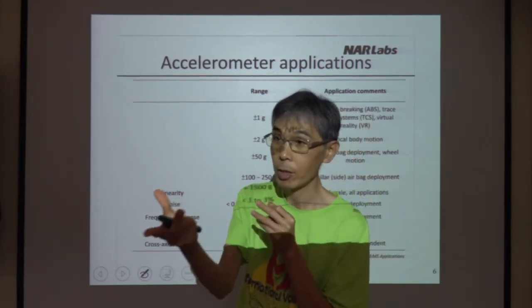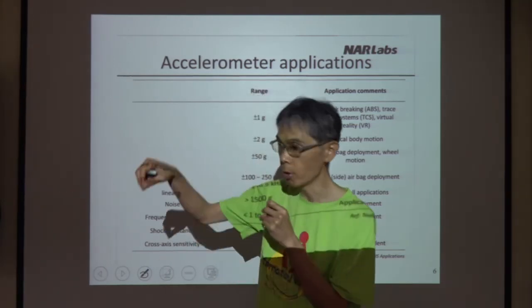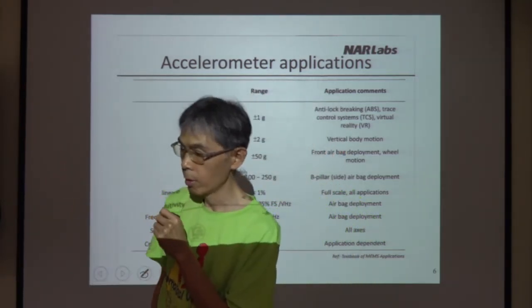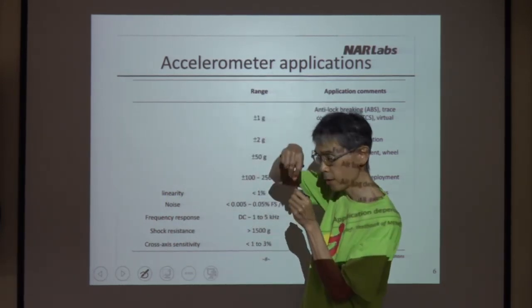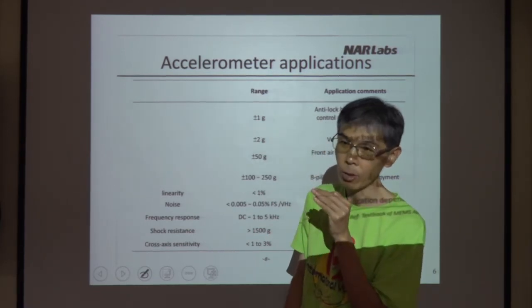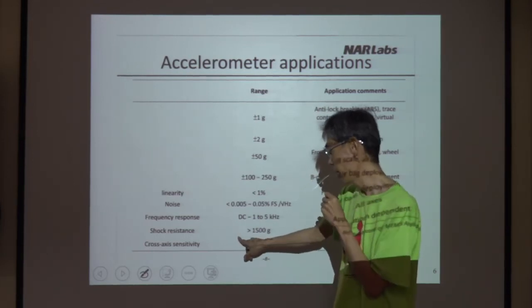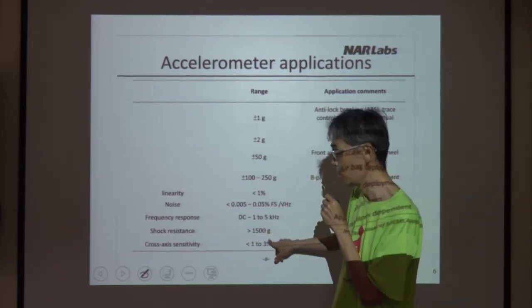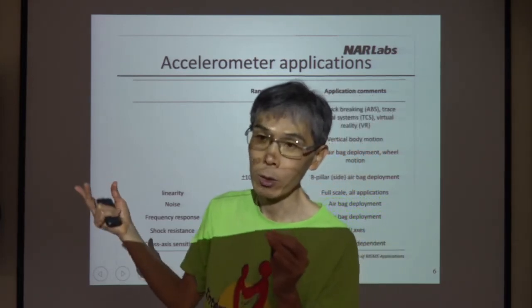Like your cell phone. Your cell phone's shock resistance, if you drop it to the ground: if the impact acceleration is less than this value, probably your cell phone can survive. But if the acceleration is larger than this value, your cell phone may fail.